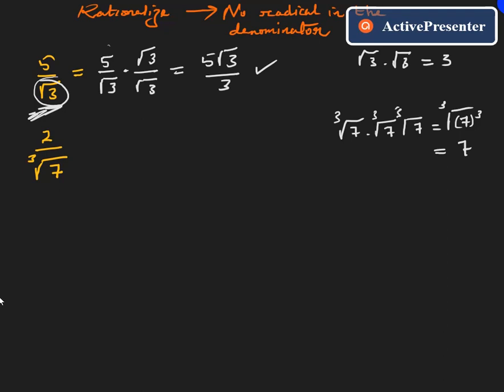So what to do? This is equal to 2 over the cubic root of 7. So we need to multiply it by the cubic root of 7 squared, or you can write it as the cubic root of 7 multiplied by the cubic root of 7.